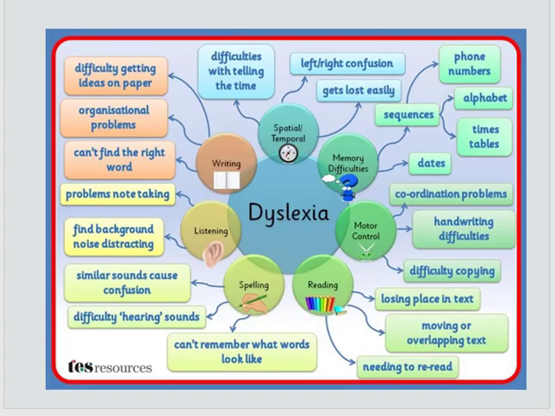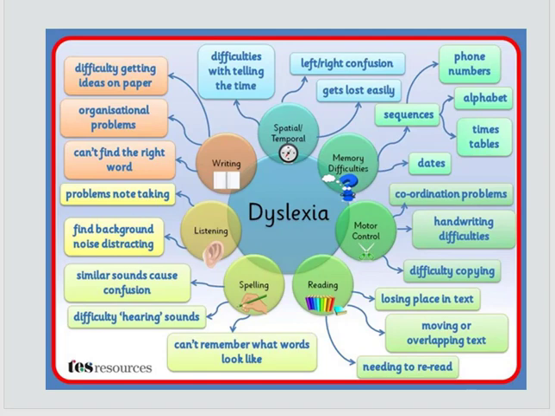Here is a depiction of the characteristics one might see in the profile of a reader with dyslexia. These characteristics cluster around the themes of spelling, for example, can't remember what words look like. Listening, for example, finding background noise distracting. Writing, for example, difficulty getting ideas on paper.